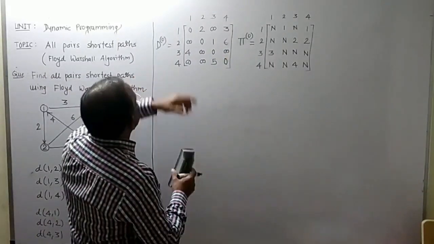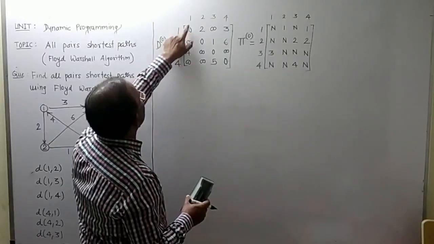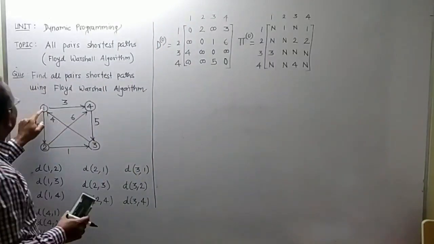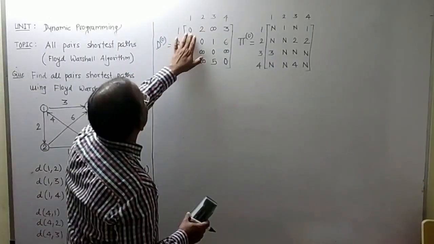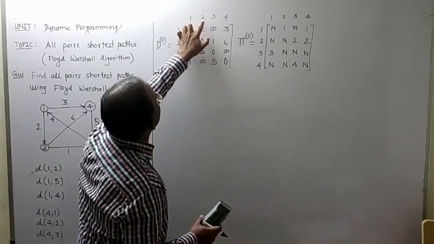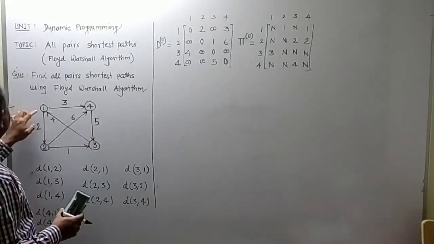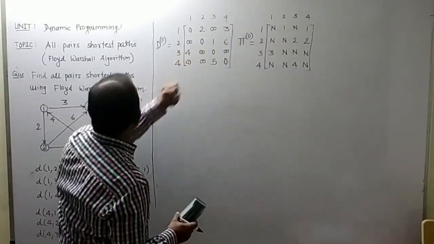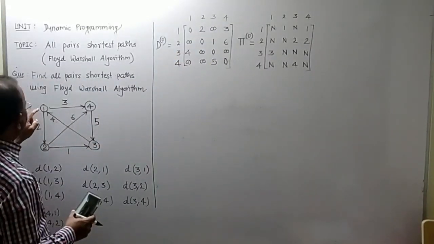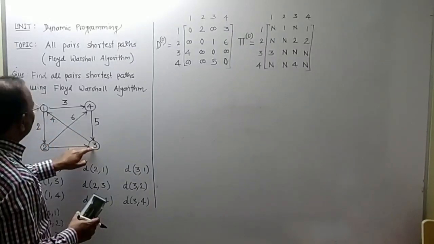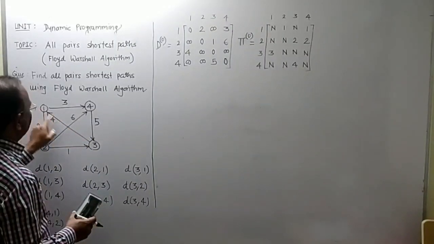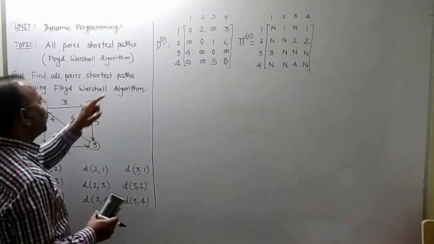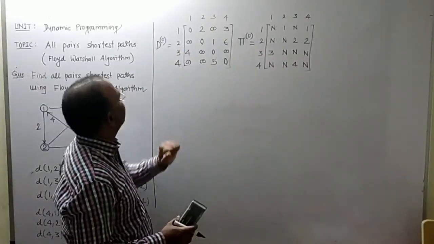Now first, distance from 1 to 1 is 0. Distance from 1 to 2: see the direct connection from 1 to 2, that is 2. Then distance from 1 to 3, there is no direct connection from vertex 1 to 3, so that's why infinity is written here.